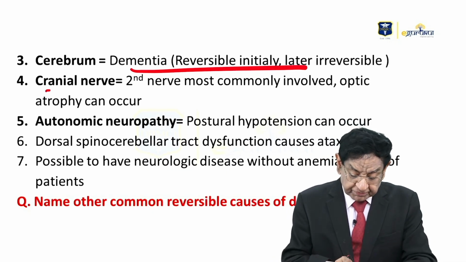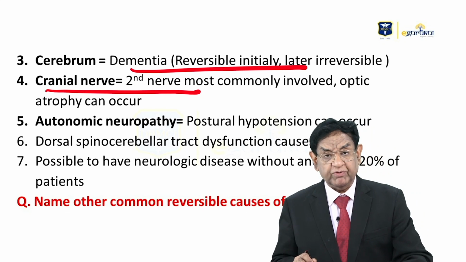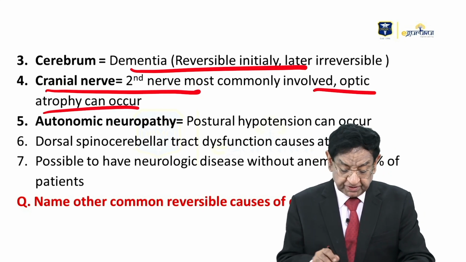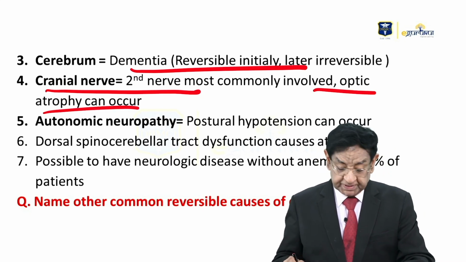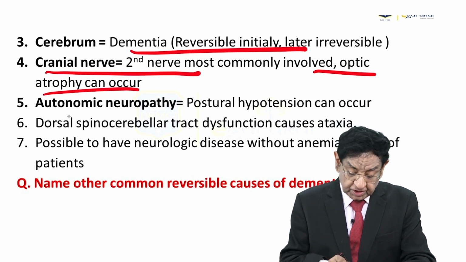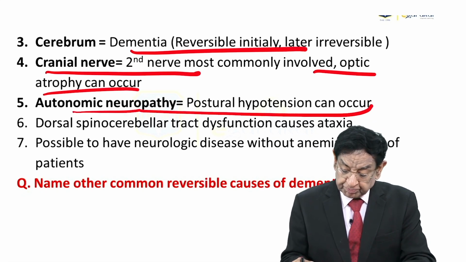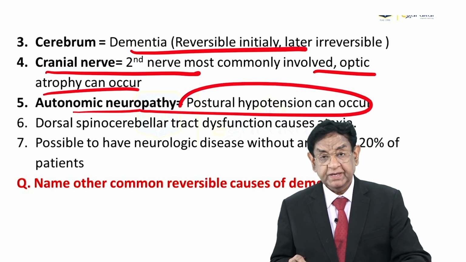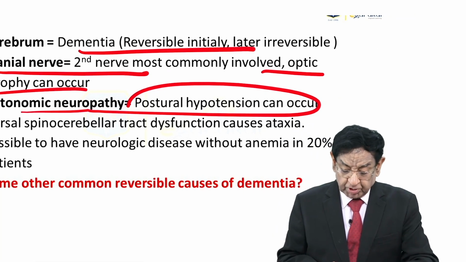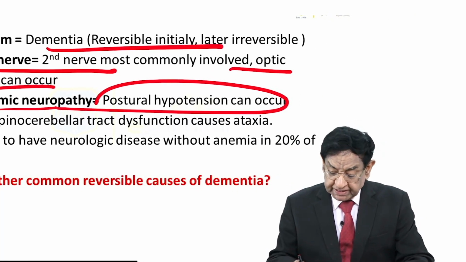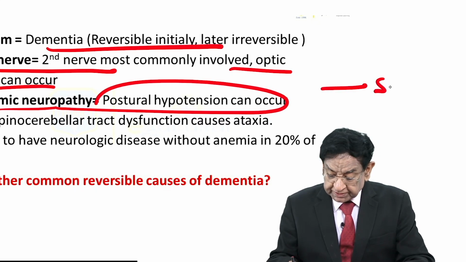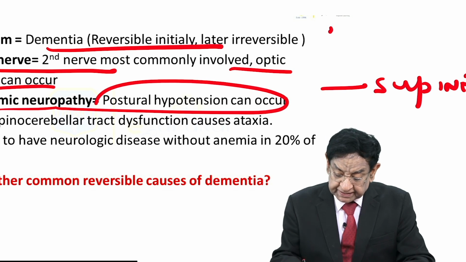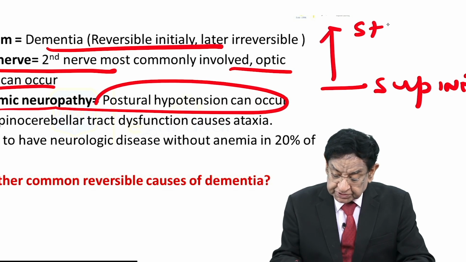The second cranial nerve is the most commonly involved, and that can lead to optic atrophy. Patient can also have autonomic neuropathy, which can lead to postural hypotension. How do we really test for postural hypotension? You check the BP in supine position, and then you make the patient stand. You take the standing position.